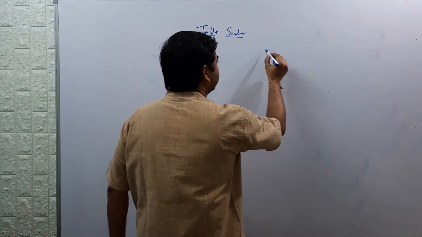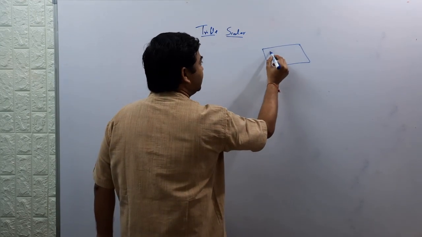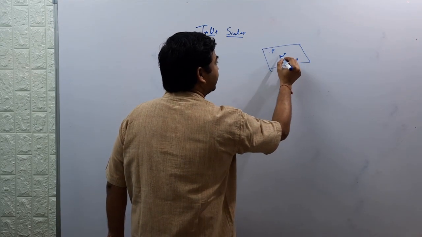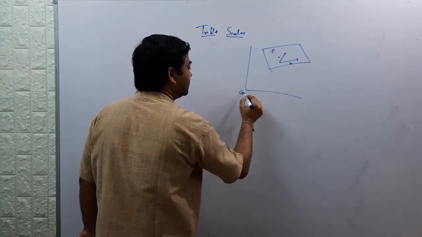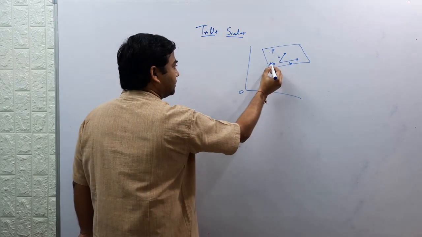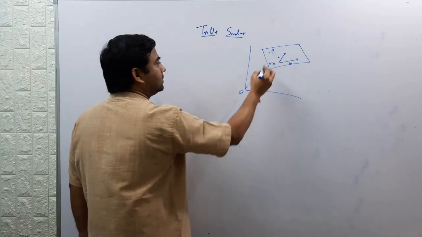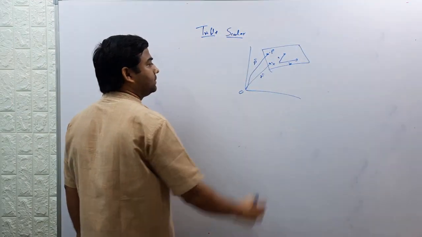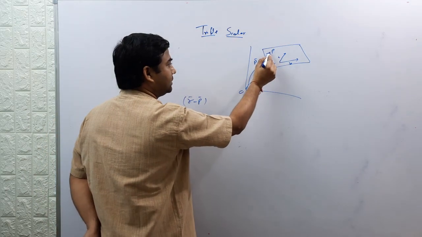So we know, same example, this is a plane, this plane passes through point P, and this is parallel to vector B and vector C. So let this be O, and let a general point be X, with the position vector of the general point being R. Position vector of the given point is P. So R minus P will be a vector.